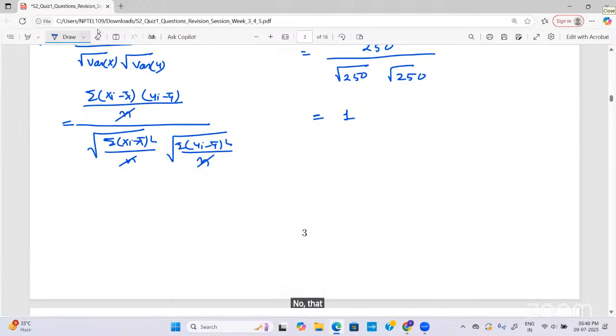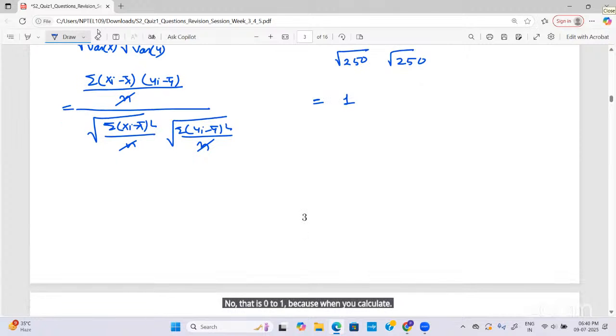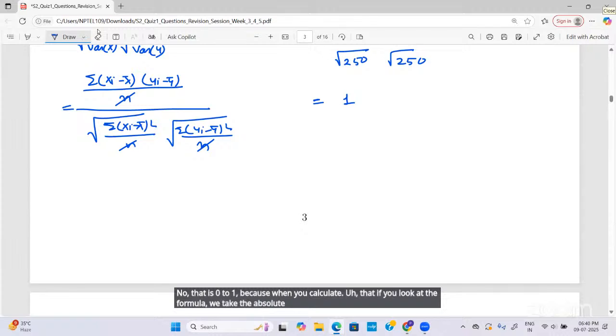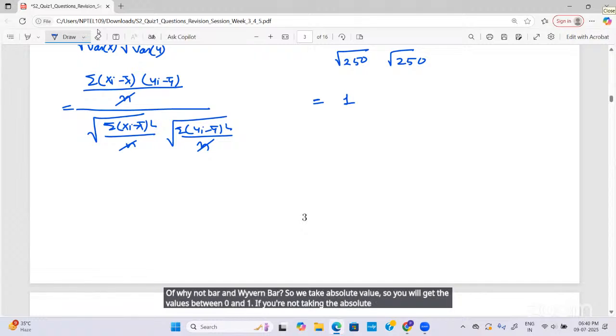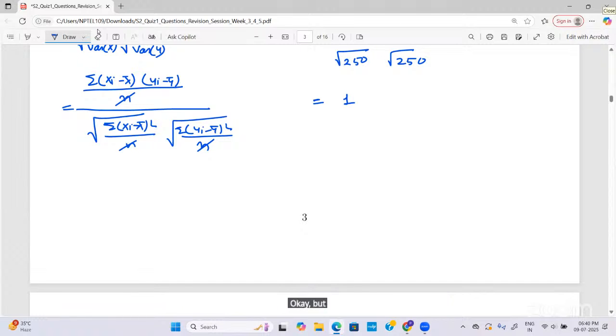No, that is 0 to 1, because when you calculate that, if you look at the formula, we take the absolute value. We take the difference of y0 bar and y1 bar. So we take the absolute value, so you will get values between 0 and 1. If you're not taking the absolute value, you will get negative values. Okay, but we should take the absolute values there.